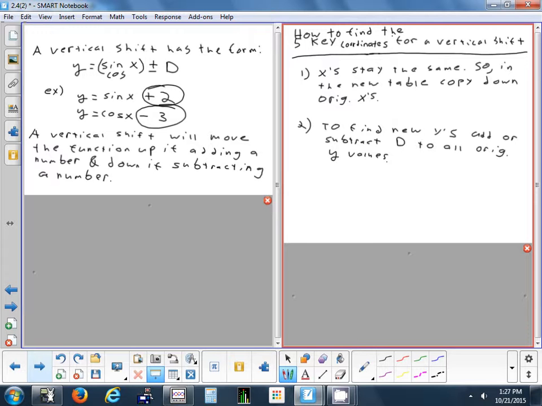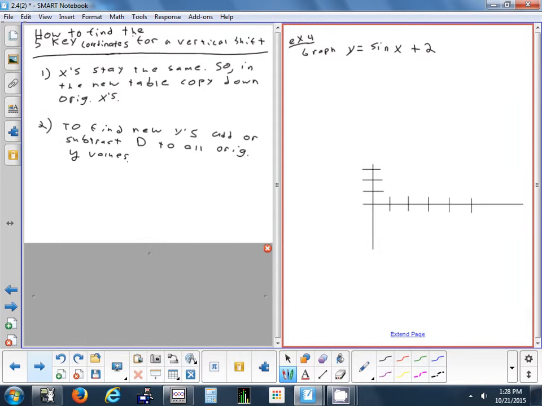All right, so we'll just do 2 vertical shifts. We'll do one up, one down, and maybe one sine and one cosine. So here's y equals sine of x +2. On the test, the first thing I would do is look at that and write down what it is. Is it a phase shift?